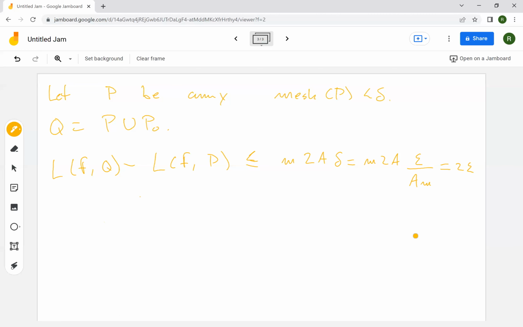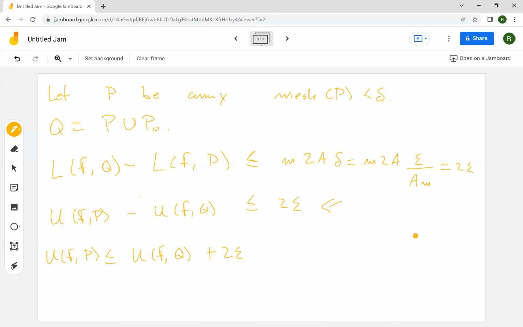And similarly, I know that U of FP minus U of FQ is going to be less than or equal to 2 epsilon. Okay, so now I'm going to prove what I want to prove about U of FP and L of FP. So I know that U of FP, by this inequality here, is less than or equal to U of FQ plus 2 epsilon.